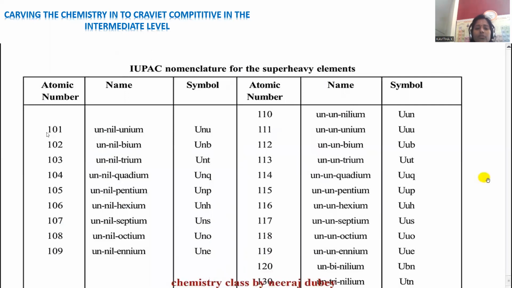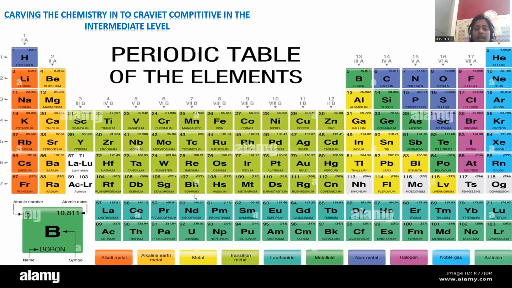In accordance with that, 101 is unnilunium. This is the way we have to proceed, and we will get the naming for all the elements as per the IUPAC nomenclature. Unnilunium means 101, which is called Mendelevium.